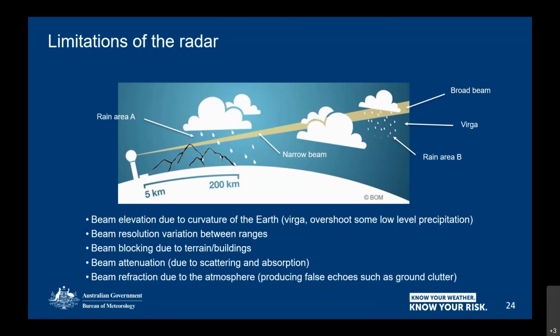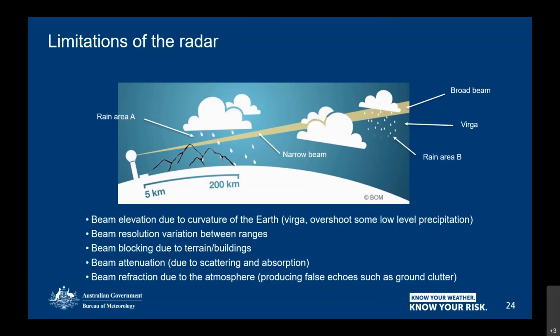consideration. Also, as this beam goes out away from the radar, sometimes it can actually overshoot low level clouds. So what that means is the beam is going out above the clouds, and we're actually missing some of that precipitation underneath. So there's that issue as well. The resolution of the beam actually does vary between ranges.